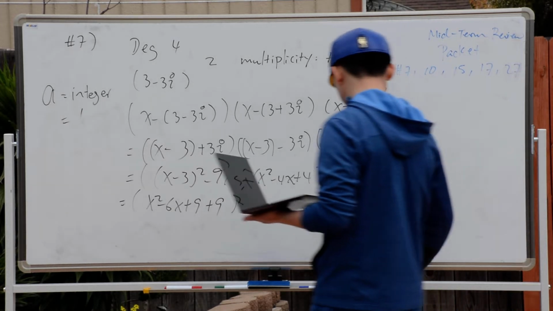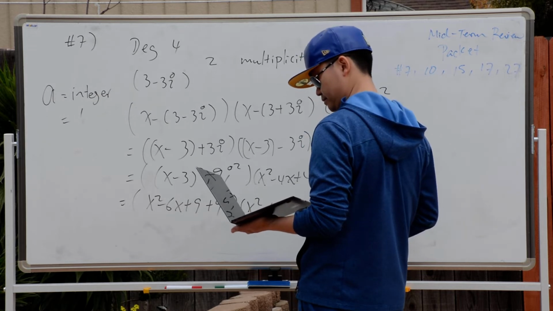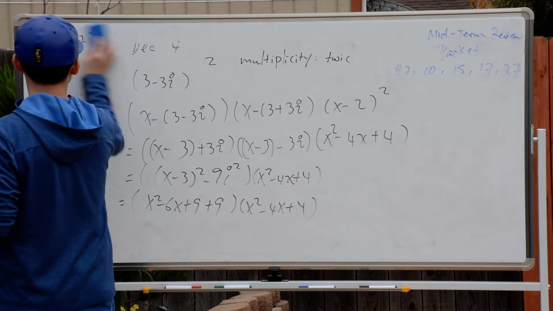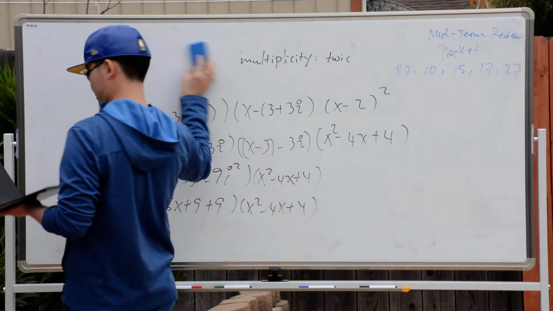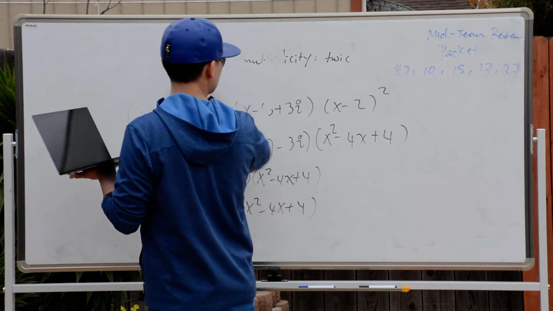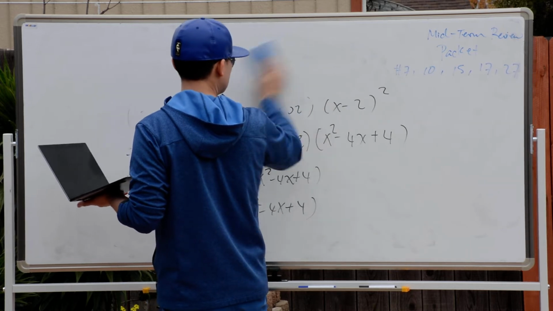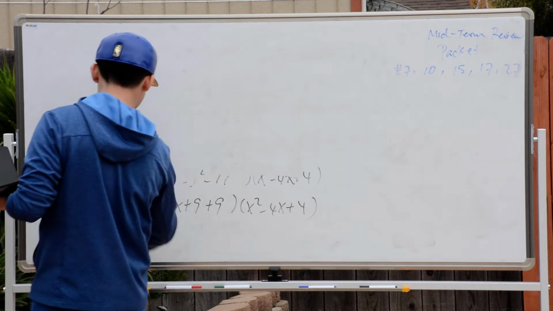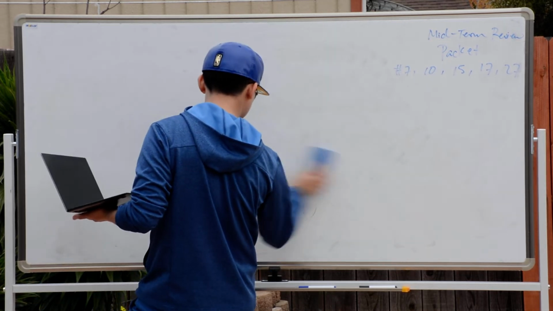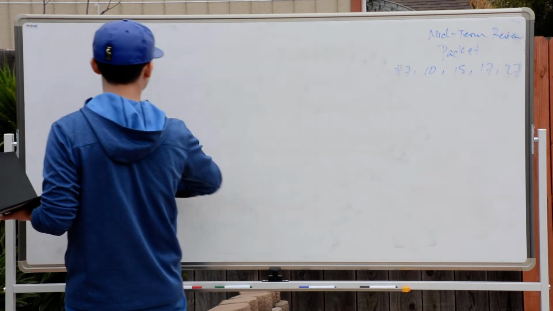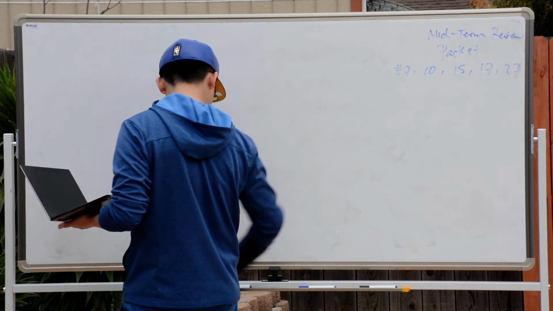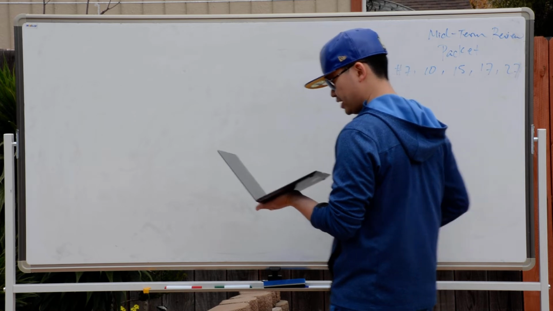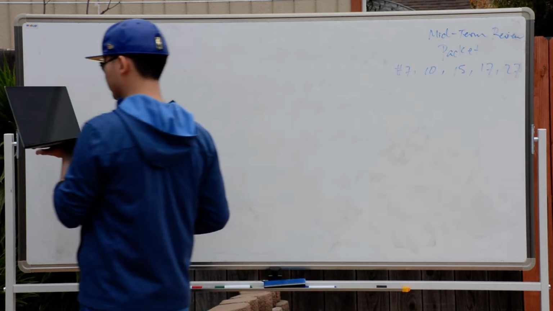So for number 10. So we got number 10, then 15, 17, 27. Okay, so now if you look at number 10, express the equation in logarithmic form.